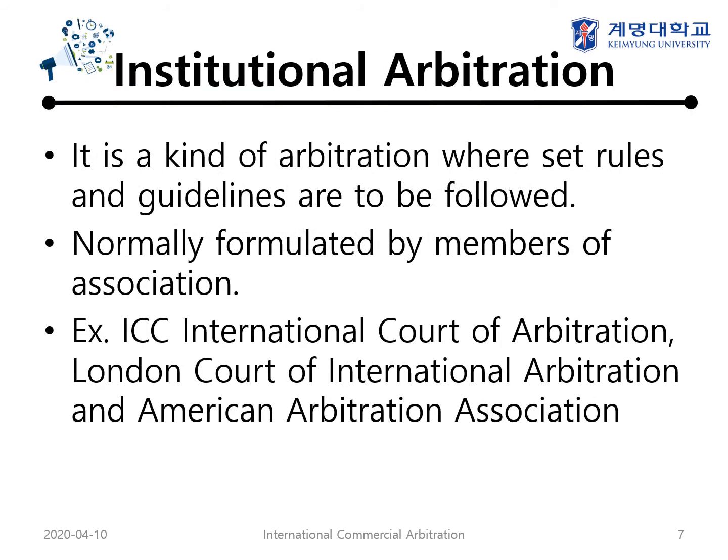If a party decides to choose institutional arbitration, they are going to follow a set of rules and guidelines coming from an institution, like the International Court of Arbitration, the London Court of International Arbitration, and the American Arbitration Association. There are a lot.